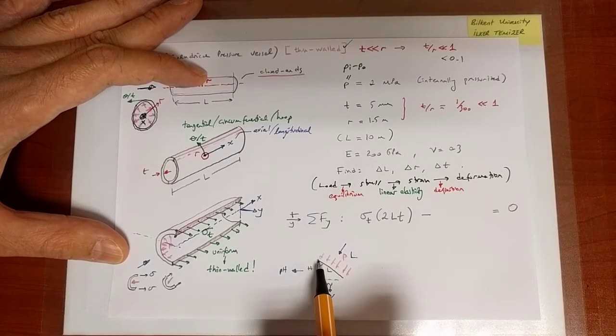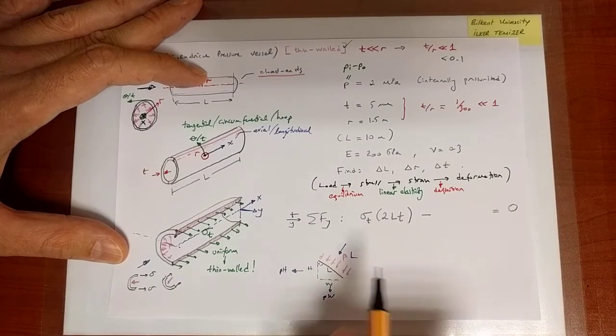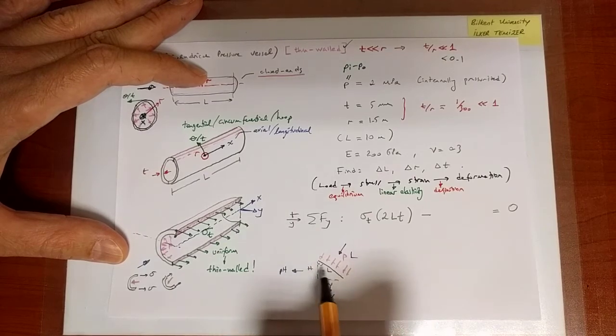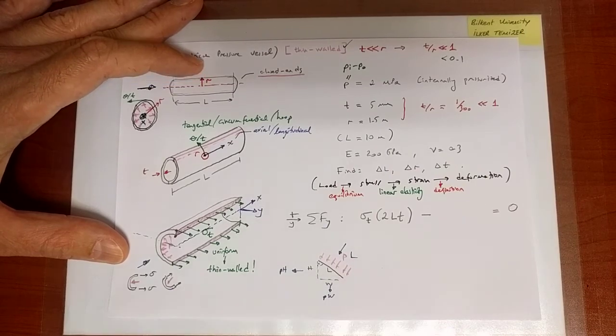If I'm looking at that direction, the projection of L, the mirror image or the shadow of L on that surface along that direction is H, and the shadow of that surface along that direction is of width W, so it's P times W.